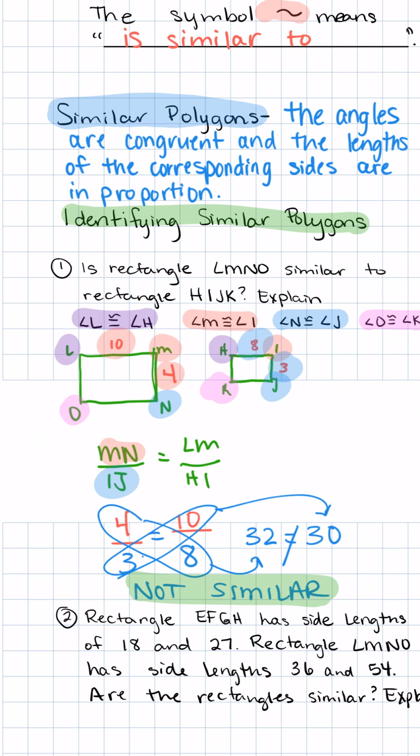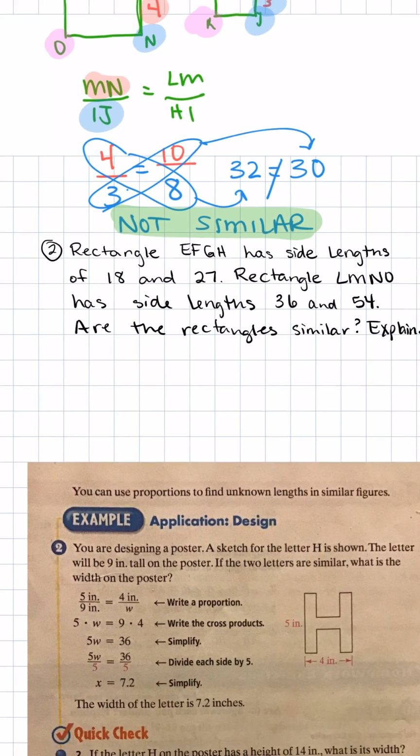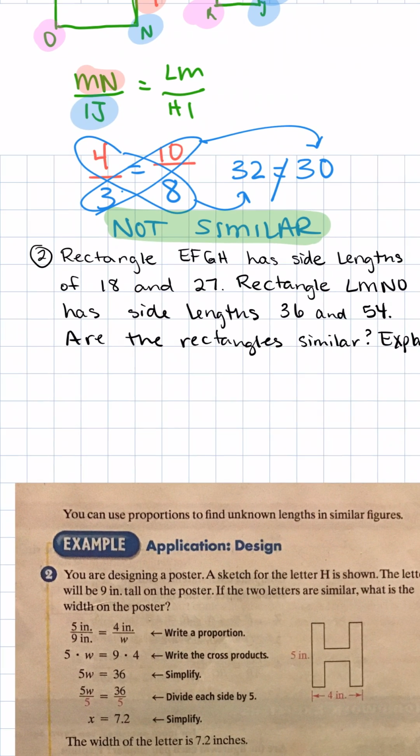Okay? Now let's take a look at this next one. The rectangle EFGH has the side lengths of 18 and 27, and the rectangle LMNO has the side lengths of 36 and 54.